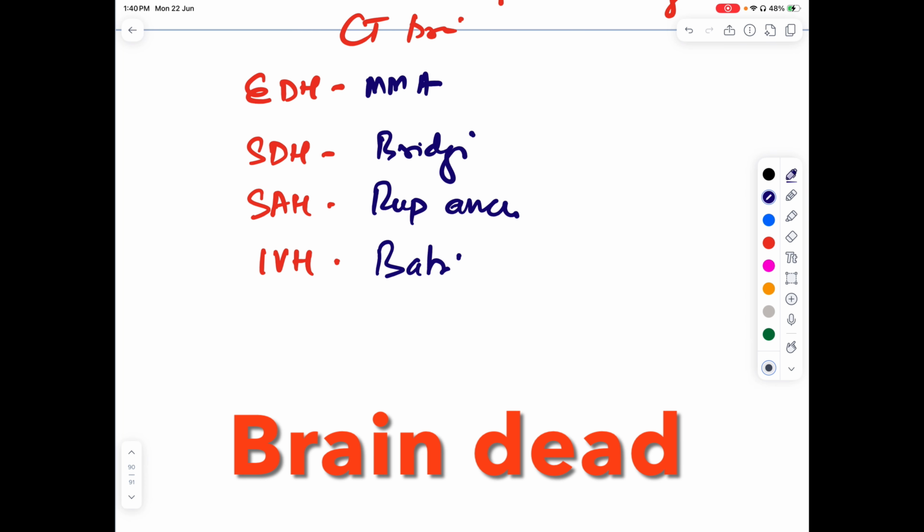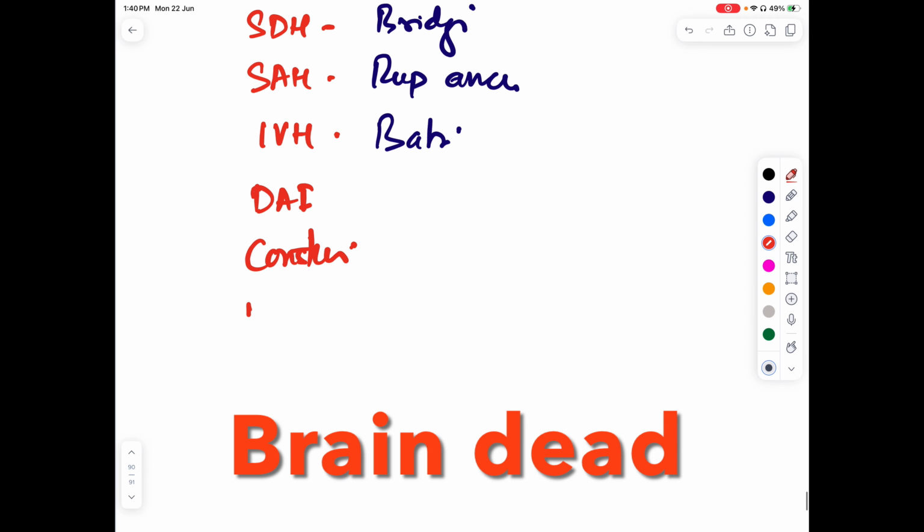Then there are other names like diffuse axonal injury, cerebral contusion, basal skull fracture, subgaleal hematoma. These are the pictures you need to understand.